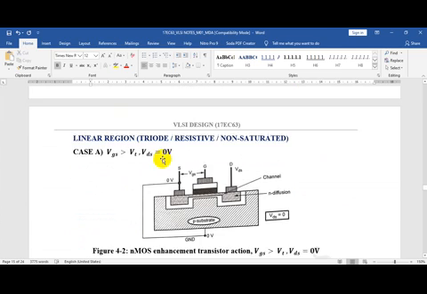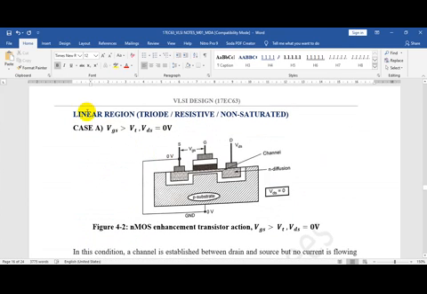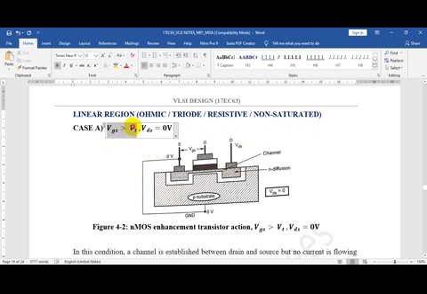The second region is also called the ohmic region. Several names are there: ohmic, resistive, triode, non-saturated. They are one and the same. This linear region is explained in two cases. The first one is when your gate voltage is greater than the threshold voltage.